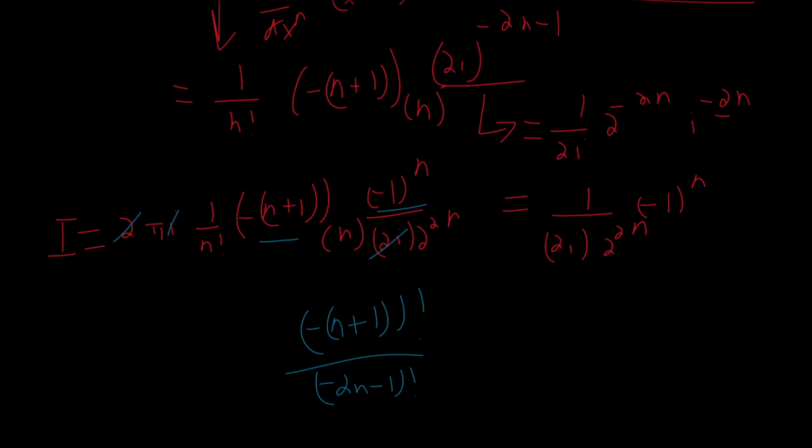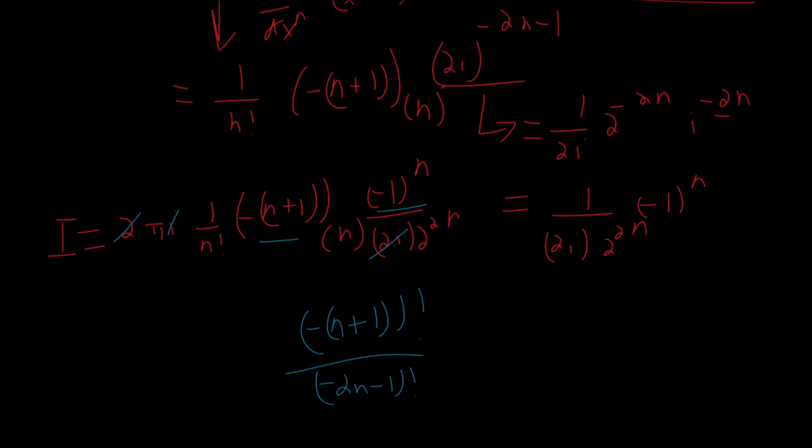And what you'll notice here is that we do have a bit of an issue, because if we let n be just some integer, or some positive integer, I should say, some natural number, say like 3, let n equal 3, we have negative 4 factorial in the numerator, and we'd have negative 9 in the denominator.